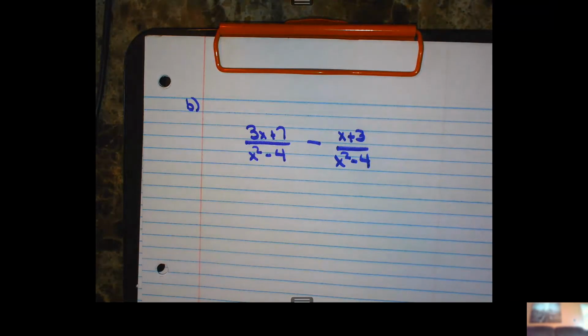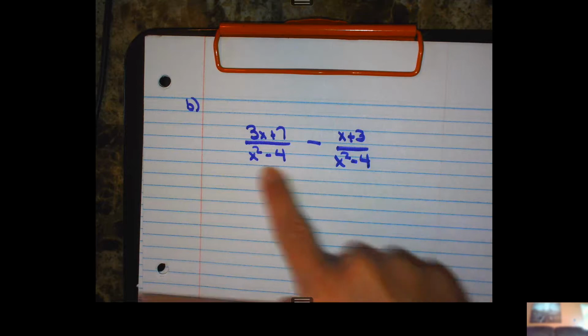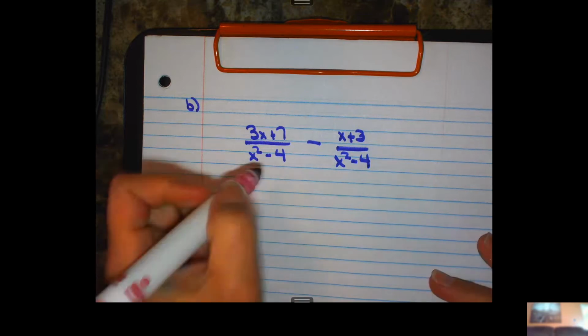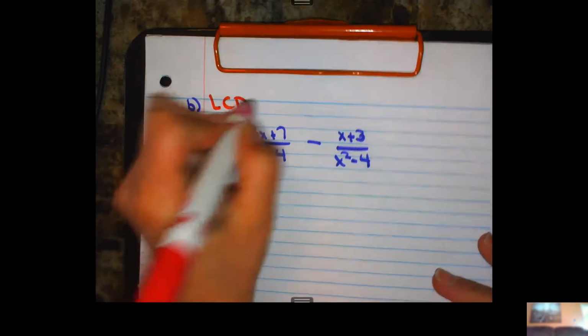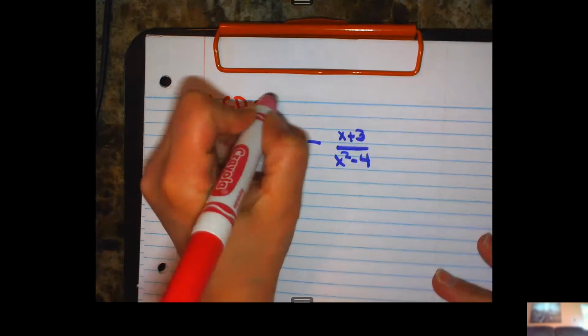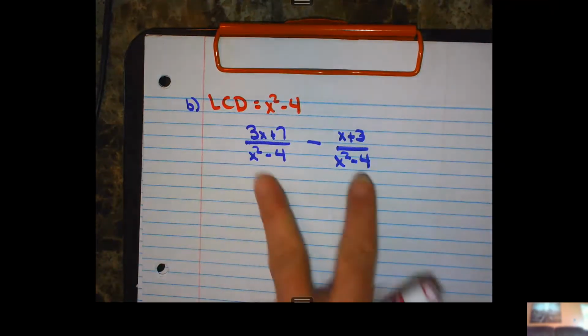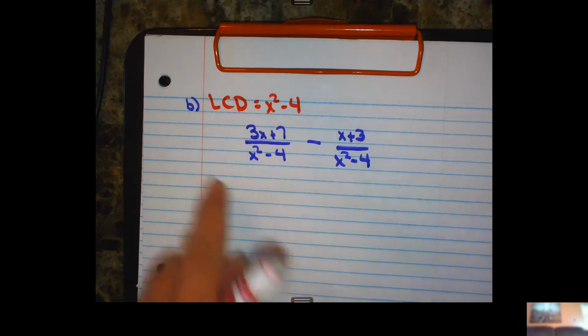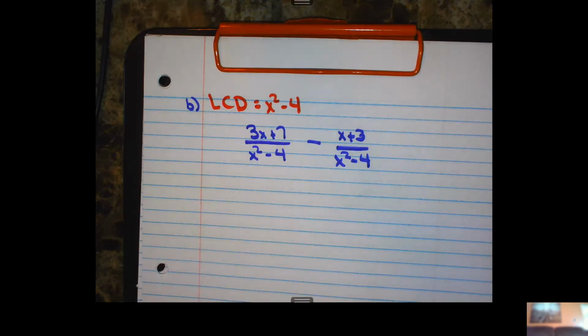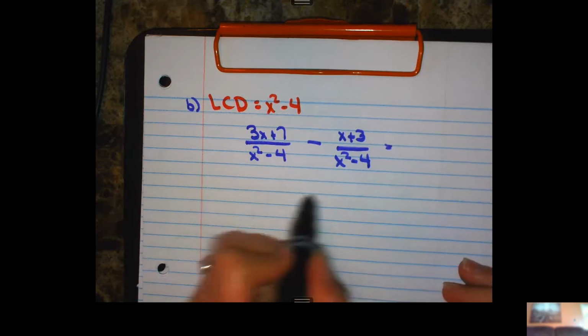So step 1 is to find the LCD. Since they were already the same, I don't need to worry about factoring, so that is my LCD. So above, I'm just going to write LCD is x squared minus 4. That means since they are already the same, I do not need to worry about multiplying my fractions. So I'm going to go right to step 3, which is to subtract. So I'm going to make one fraction.